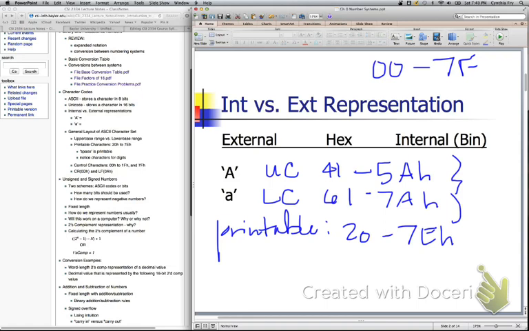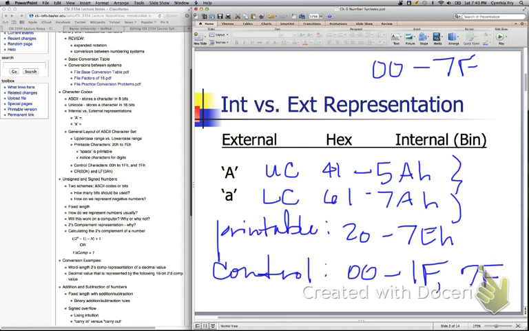All of those are printable, including numeric characters, upper and lower case, and special characters, any of our punctuation marks, things like that. So what comes before that? Well, we've got unprintable characters, or control characters, that start at 00, which is null, and go to 1F, and then also 7F.